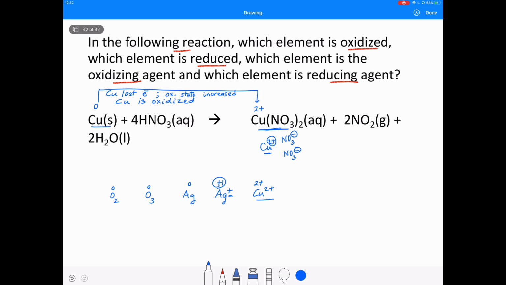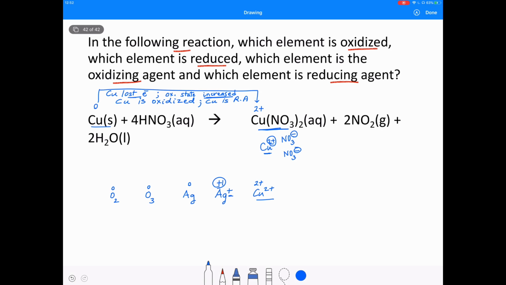We said earlier that loss of electrons basically means oxidation. Instead of thinking in terms of loss of electrons, you can also think in terms of an increase in oxidation state. Increase in oxidation state means that substance is oxidized. So we have copper oxidized in this reaction, and any element that is oxidized will be the reducing agent. I'm just writing Ra for reducing agent. Copper is the reducing agent.